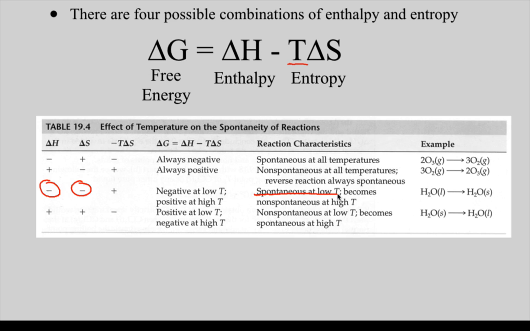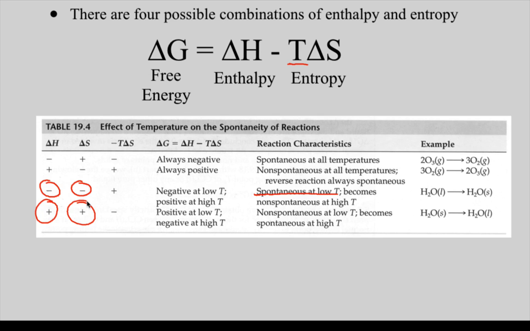So guys, what about this? Positive delta H, good or bad? Positive delta H is bad. That's endothermic. Evil. Positive delta S, good or bad? Good. Now we want good to overcome evil. But now the good is the entropy thing.